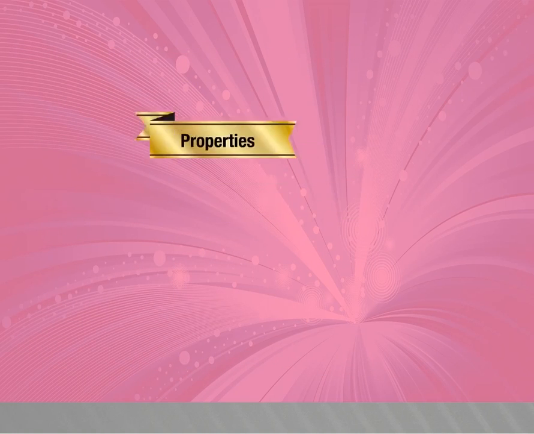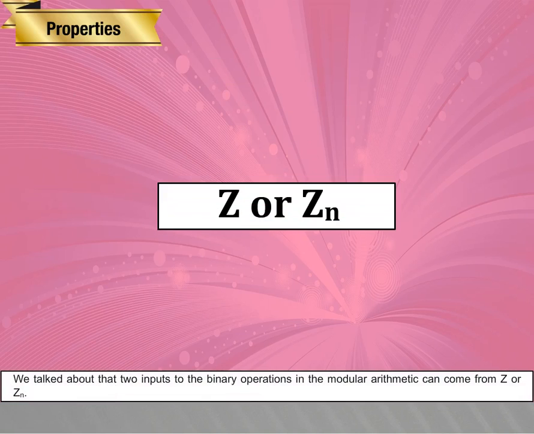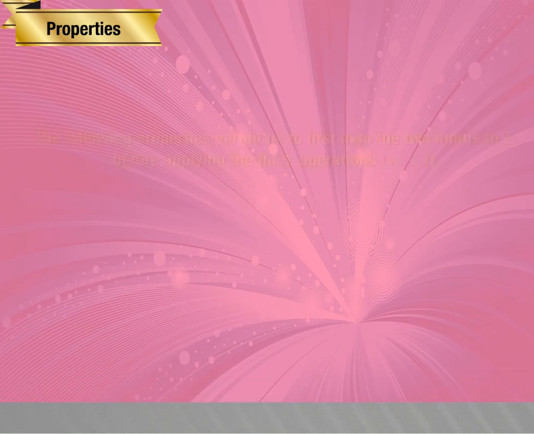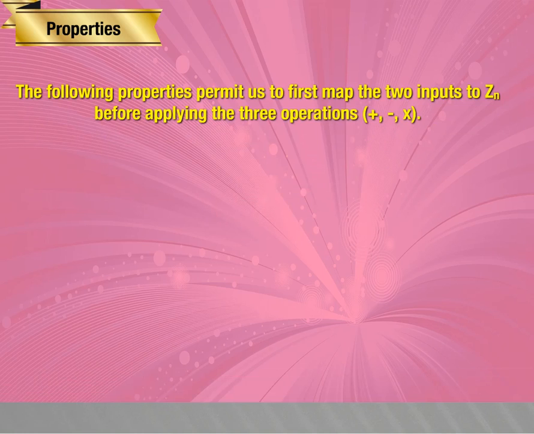Properties. We talked about how the two inputs to the binary operations in modular arithmetic can come from Z or Zn. The following properties permit us to first map the two inputs to Zn before applying the three operations: addition, subtraction, multiplication.